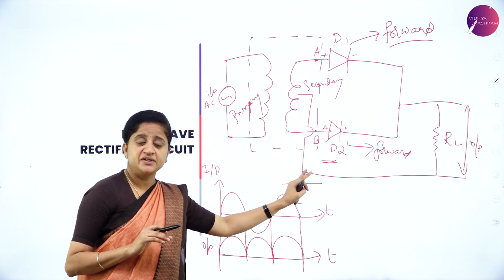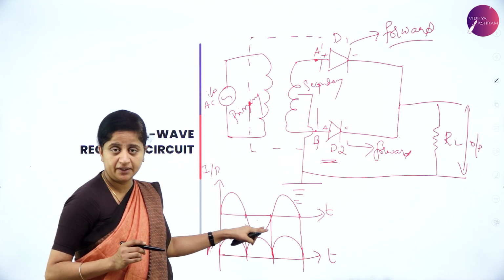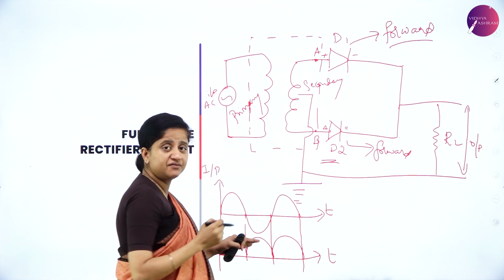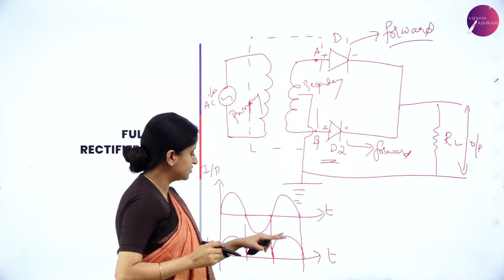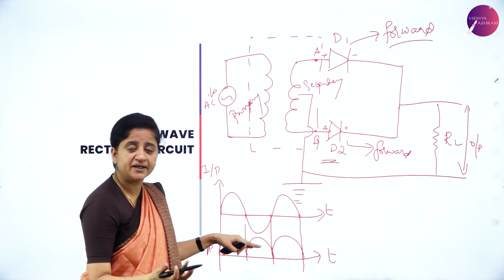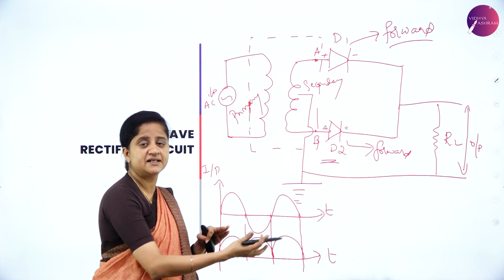Because of diode D2 in the second half cycle, we get output even in the negative half cycle of the input. Similarly, in the next half cycle, these polarities get reversed and diode D1 conducts, so we get output, and in the next half cycle diode D2 conducts, because it will be in forward bias condition, and we get output for the negative half cycle again.